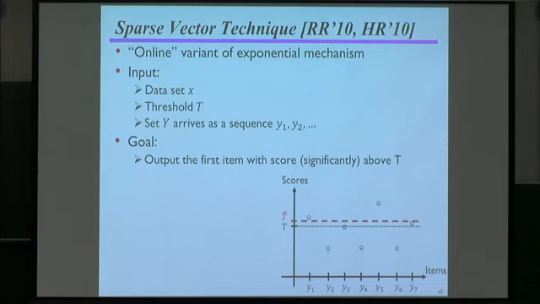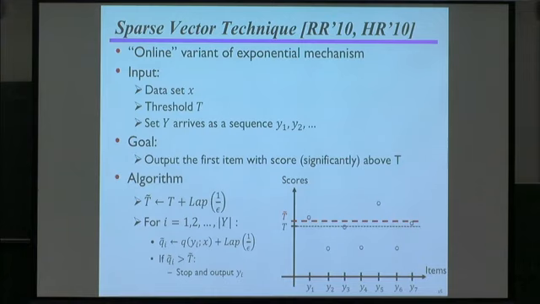What this online version allows you to do is stop the algorithm whenever you hit an item which has really large score, a really good item. So the way the algorithm works is you start with your threshold, you get a noisy threshold, t tilde, that's the red dashed line.